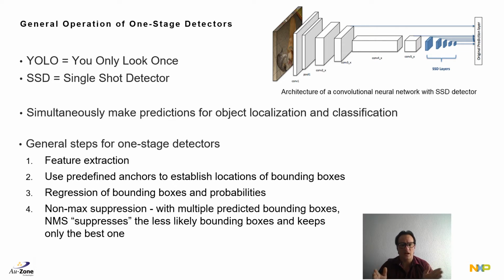So YOLO and SSD make predictions simultaneously for both localization and classification. The processing steps are also somewhat similar. It starts with the feature extraction, which we'll explain more in detail on next slides. Then it uses predefined anchors to establish the bounding box locations and then performs regression of boxes to establish probabilities based on a user-defined threshold.